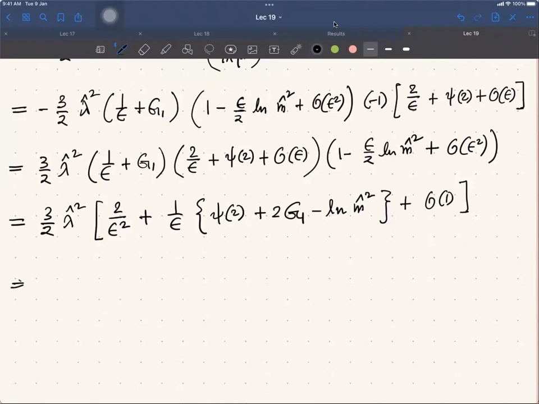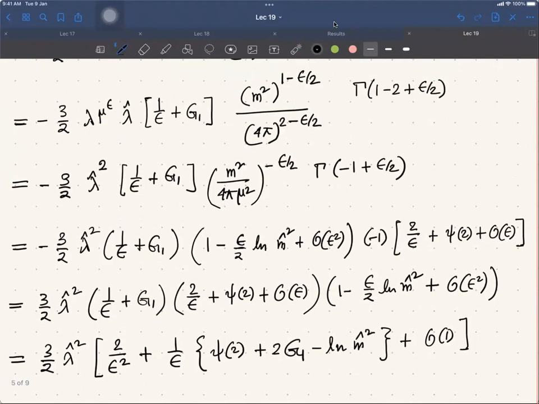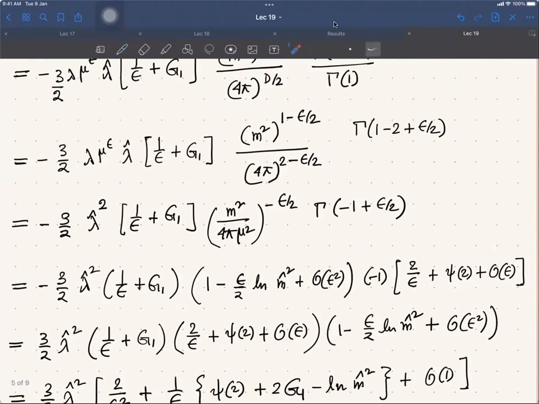So our result is given by 3. I might have missed a factor of m squared somewhere. Yes, so we had m squared to the power 1 minus epsilon by 2, and this one m squared factor has been missed. So let me put that back in.